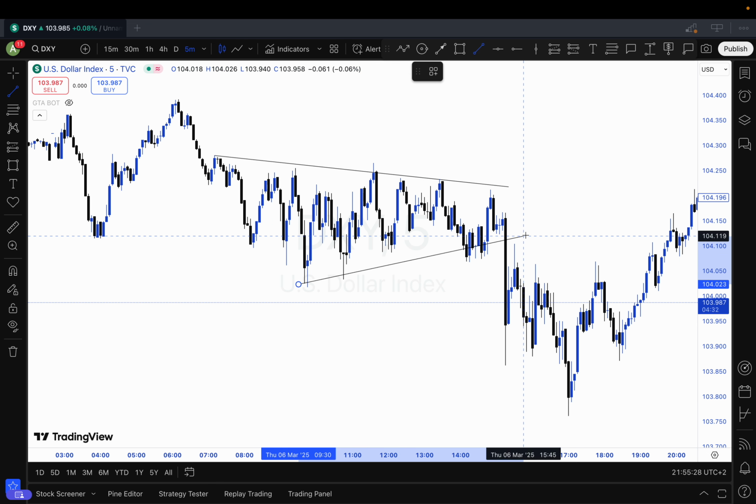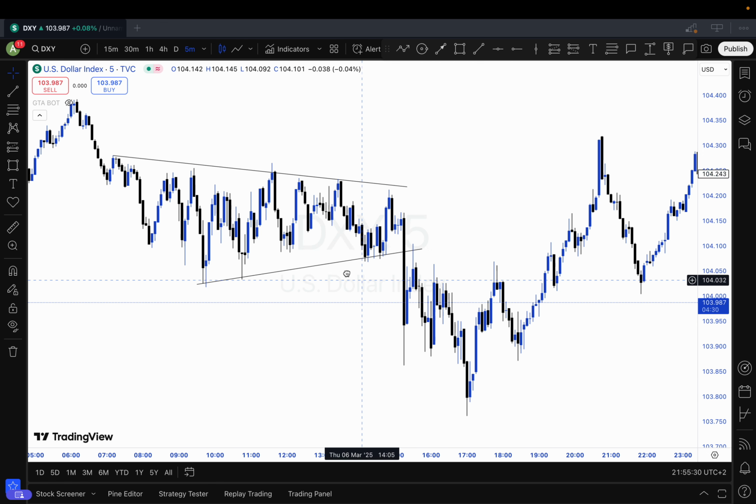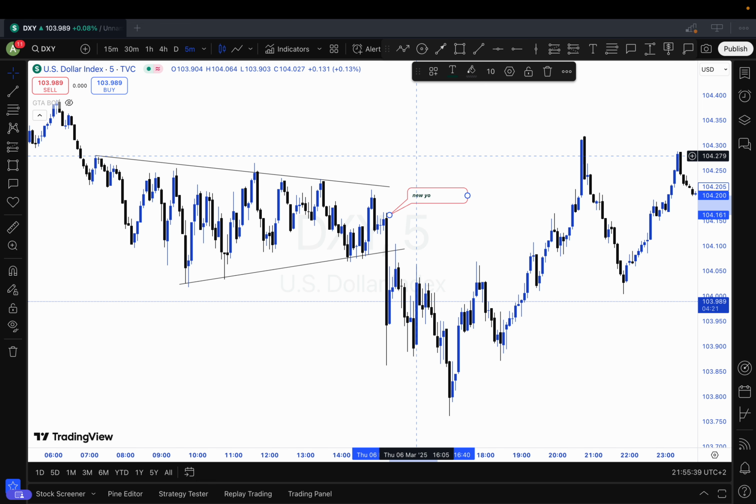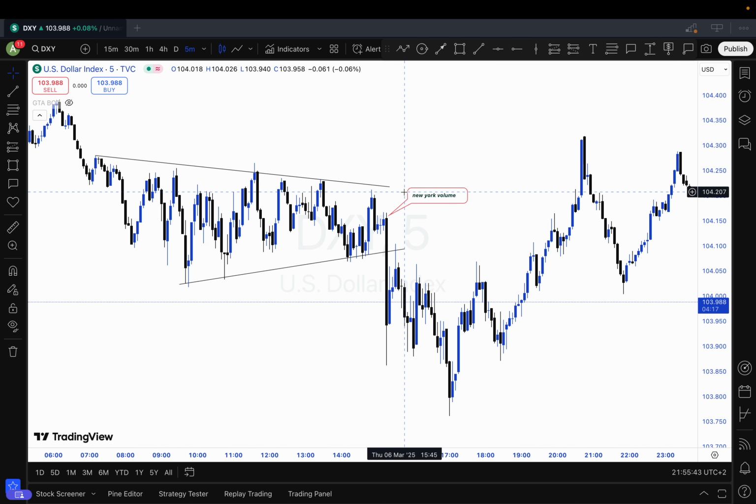We can also have this. We can see that we had a breakout. We moved massively during the New York volume opening. So it happened during the New York volume, and then we had a retest over here.